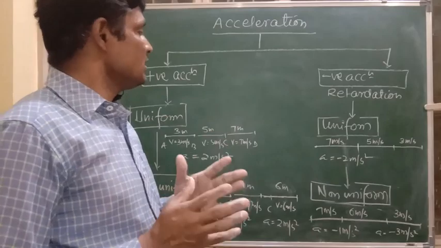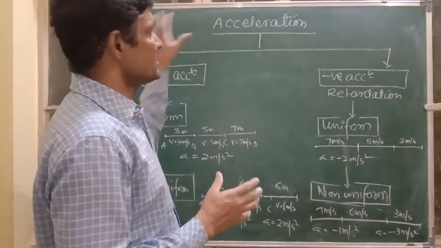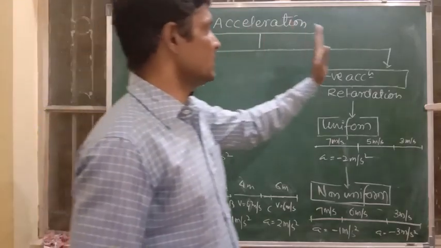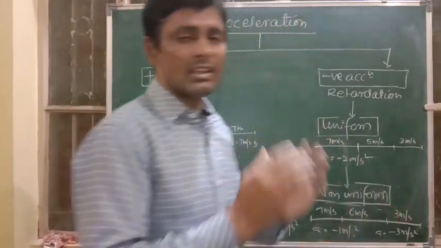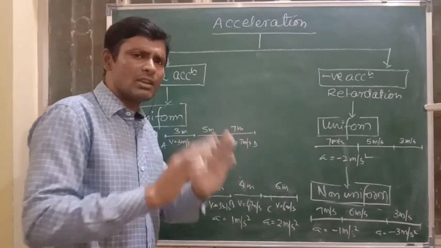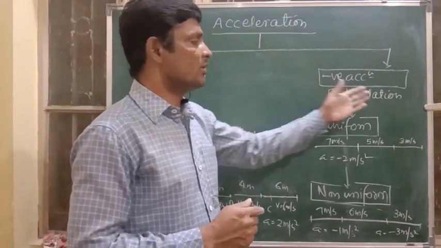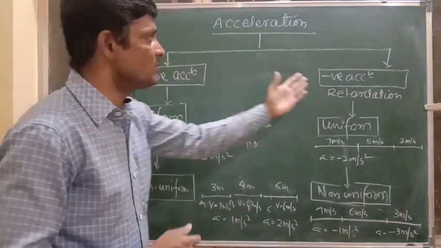Understand the acceleration. I have classified acceleration in 2 categories. One is called positive acceleration and another is called negative acceleration. When there is positive acceleration, it is simply called acceleration, but when there is negative acceleration, it is called retardation. What is the difference between these two?